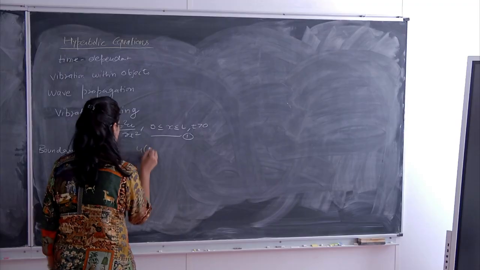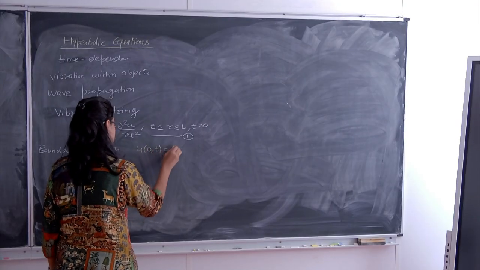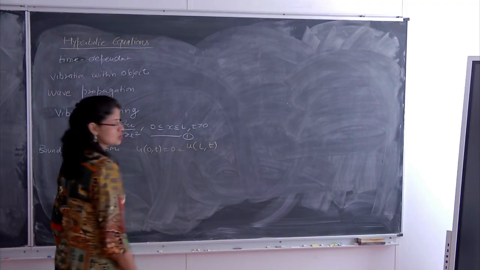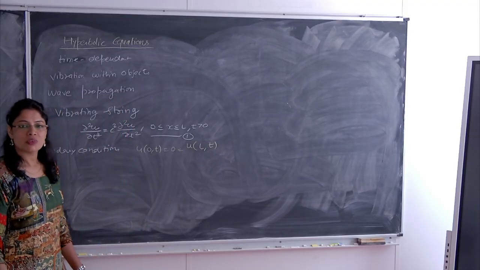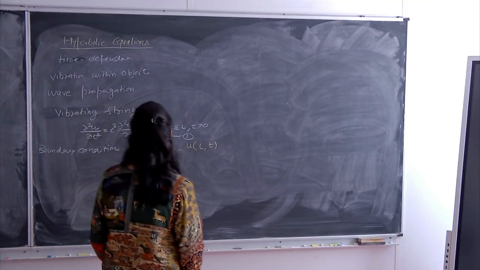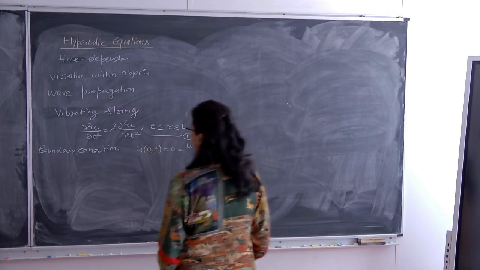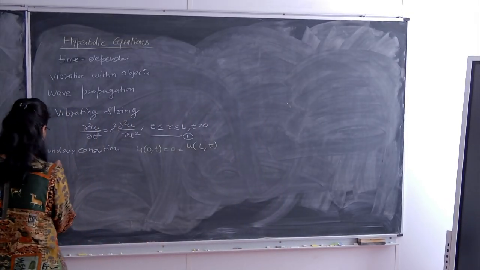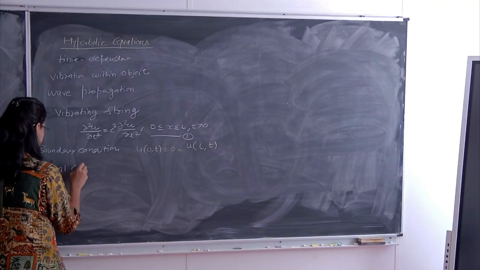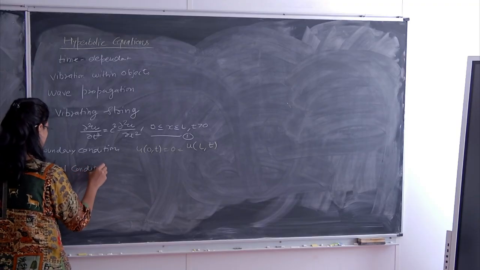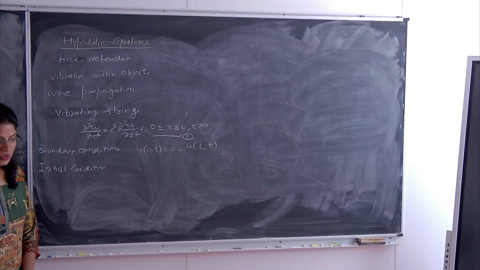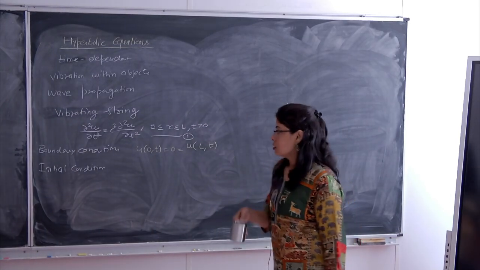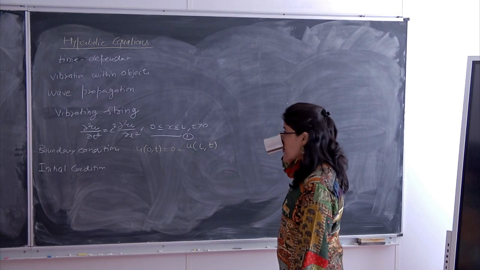So, u at 0, t is 0, and also u at L, t is also 0. So, we are taking our boundary conditions as 0, and we should also think about how your initial condition will look like. Just think about this.